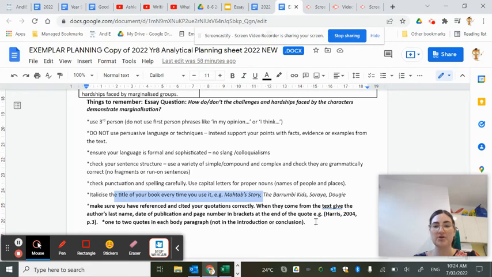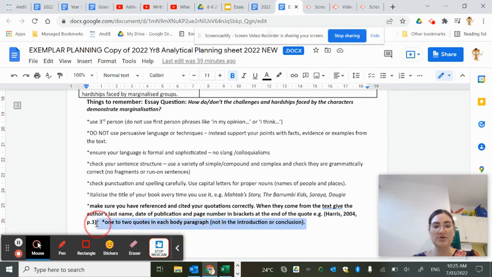Also, make sure that you have put a reference in as well after each quote. So you would say the surname, so Gleason, 2008, and then what page number. If you just put the page number, that's acceptable because we're reading just the one book. But usually if you get into the habit of doing it the other way, it's better.